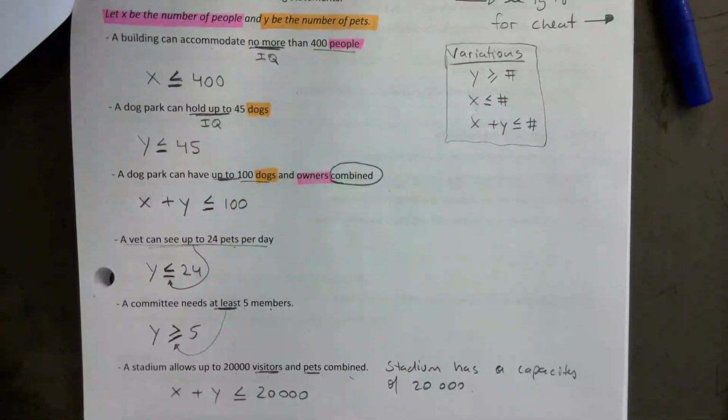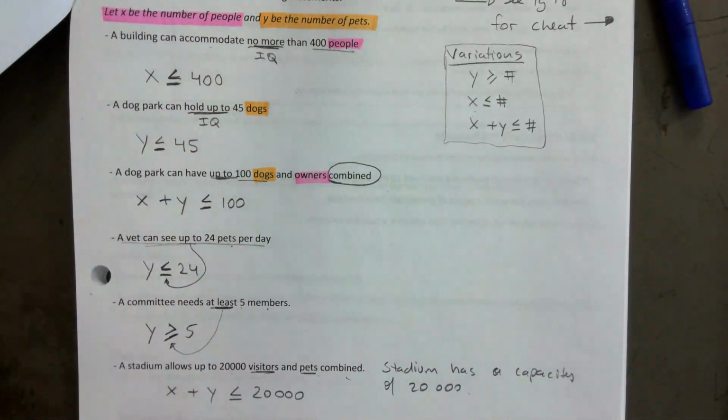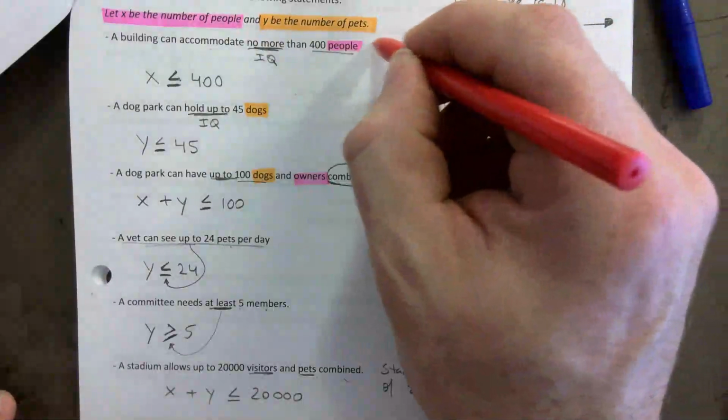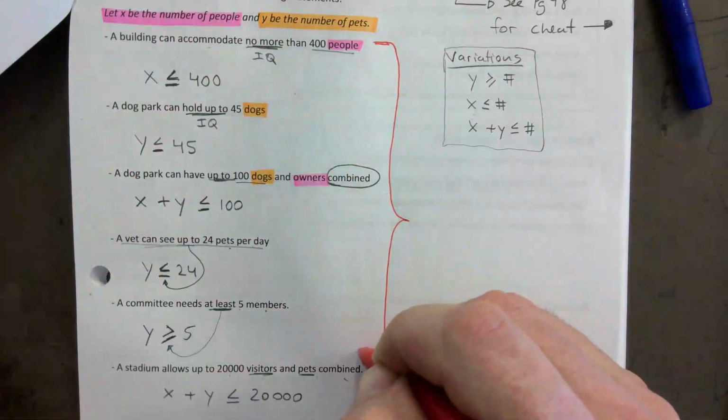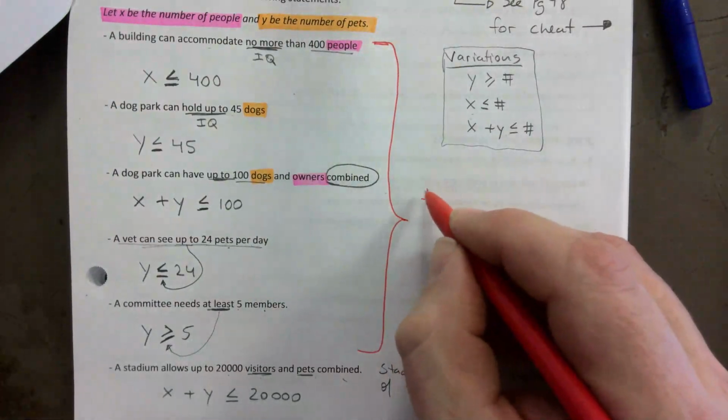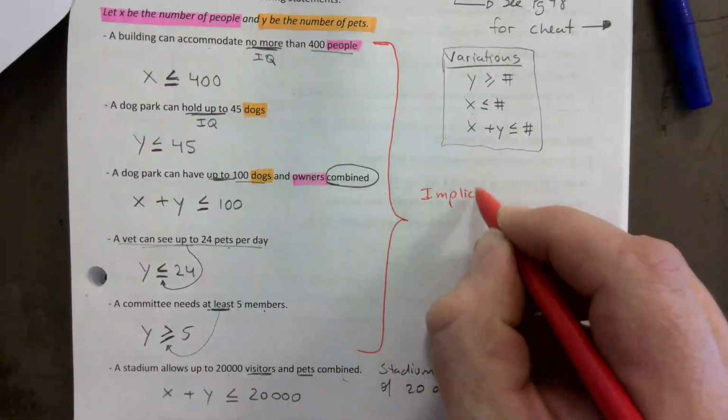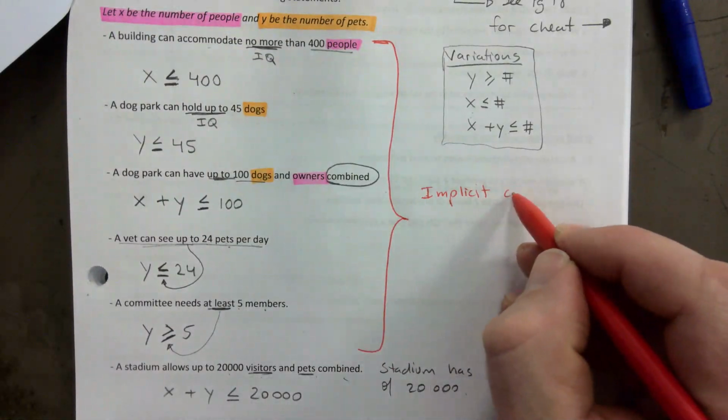So watch what I'm going to do. I'm going to use a red pen and let you see this part. All of these scenarios have the implicit constraint.